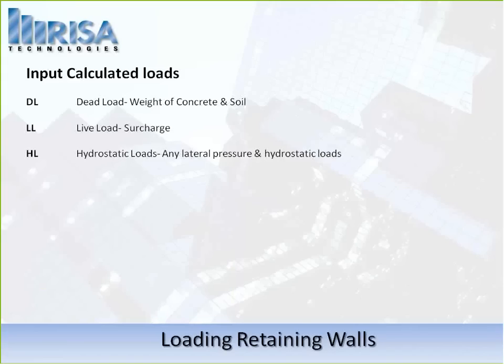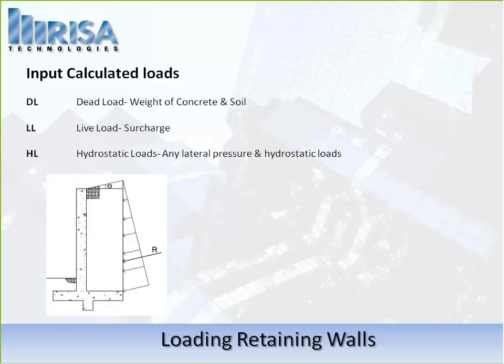Something to note is that all these loadings are going to be put on a per foot basis. So when we look at the model and the retaining wall, we're going to be seeing things per foot. If we look at this a little closer, when we do sloped backfill, that's an important thing to note when we break into loads for sloping.